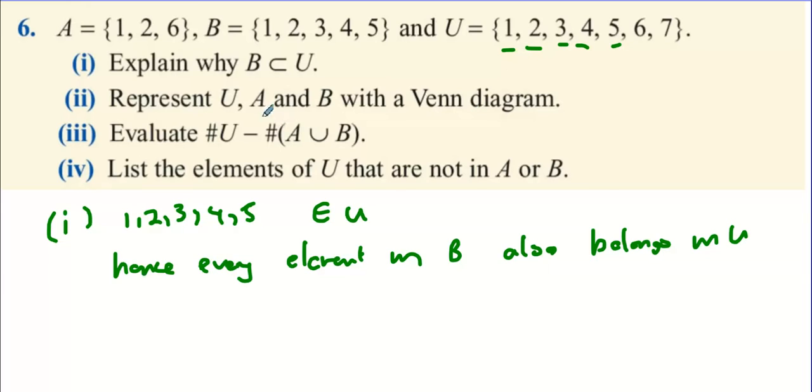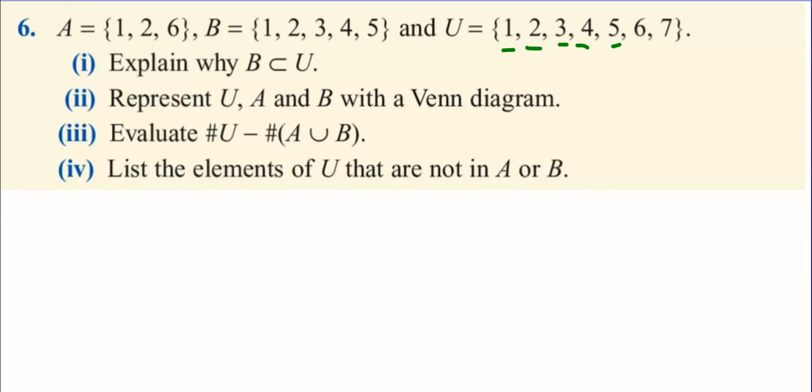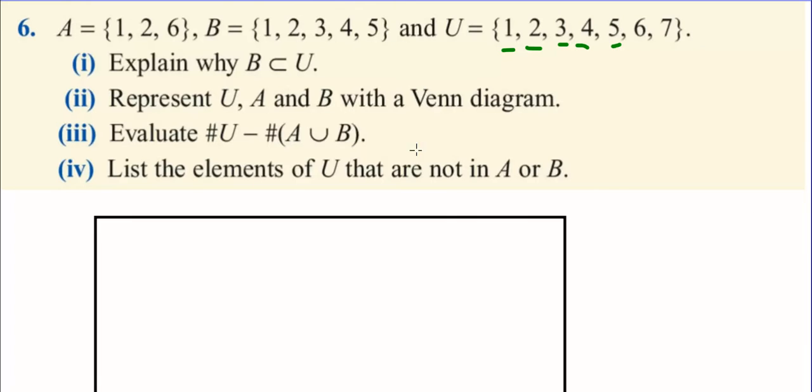Do the Venn diagram next. Remember, U means a rectangle, guys. U is always a rectangle. Here we have U. We have A and B.